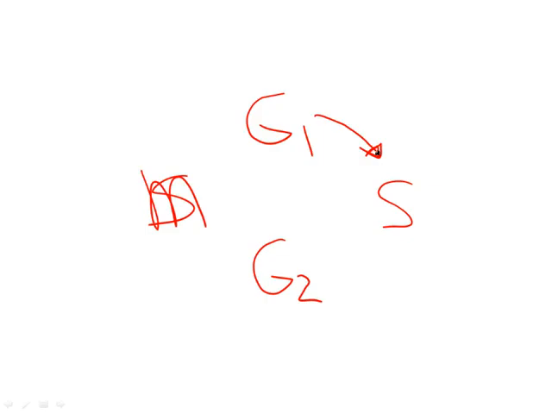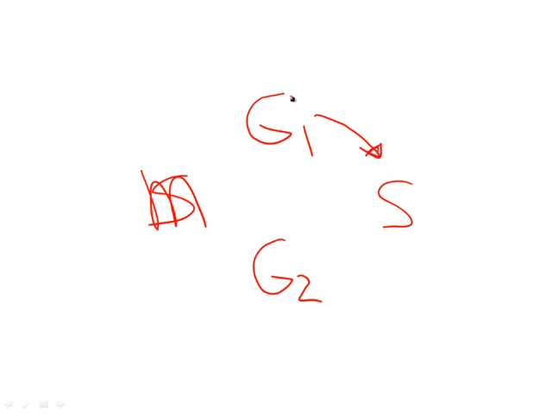And the idea here is that before you put a cell into S phase where the DNA is going to be copied, you actually want to make sure that, number one, the cell should be going into S phase, and number two, that the cell goes into S phase without carrying any mutations in its DNA, because you don't want to pass bad DNA off onto the offspring.